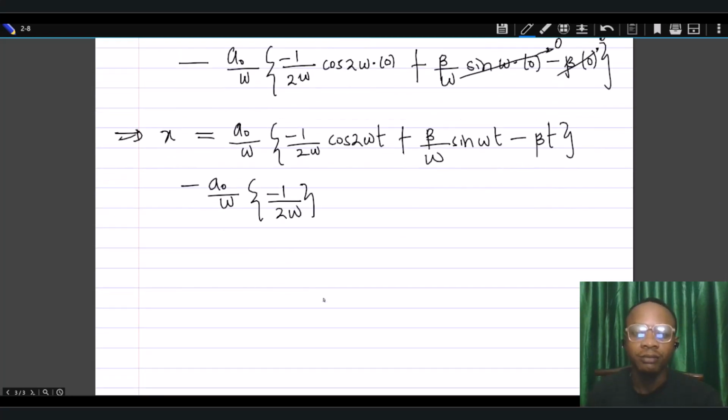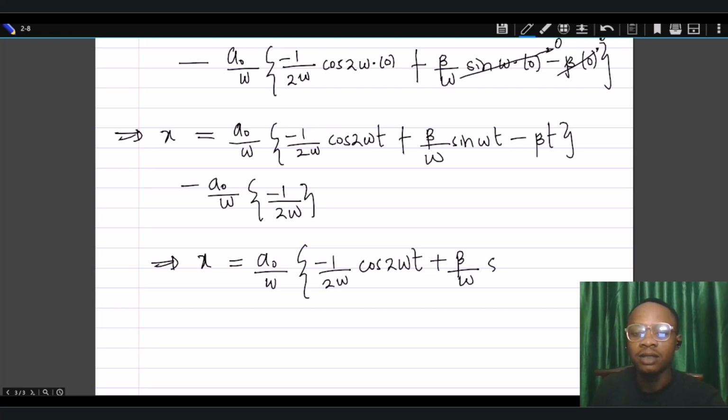So now we're good to go. We can tidy this up even for that. This is x equal to this becomes a naught over 2 omega and so on. So a naught over omega is common to both of them. So we can have a naught over omega into minus 1 over 2 omega cos 2 omega t, then plus beta over omega sine omega t, then minus beta t, then this has become plus, so this is going to be plus 1 over 2 omega.